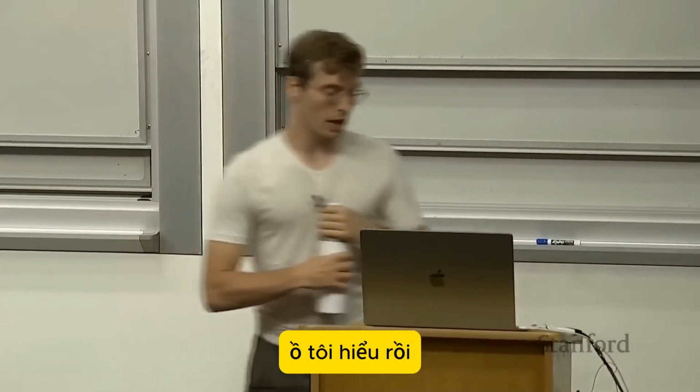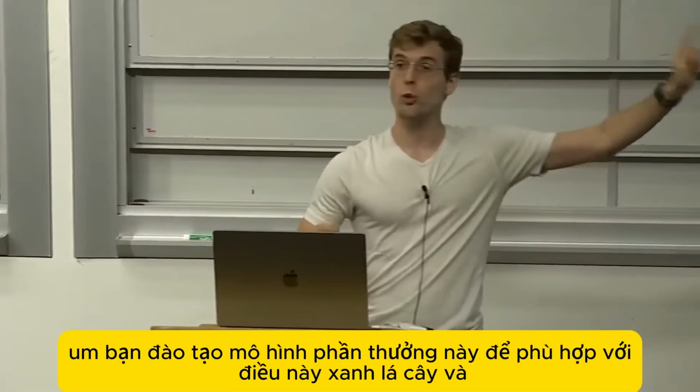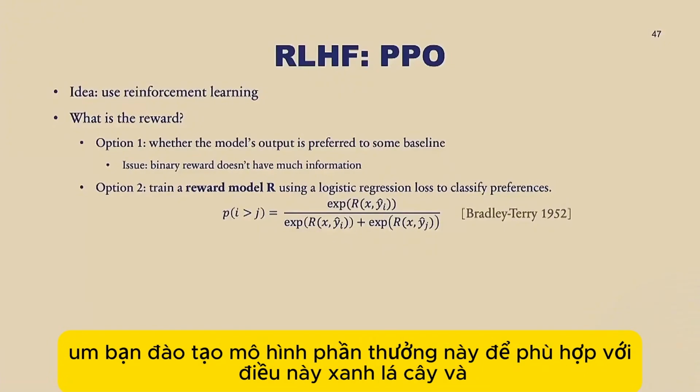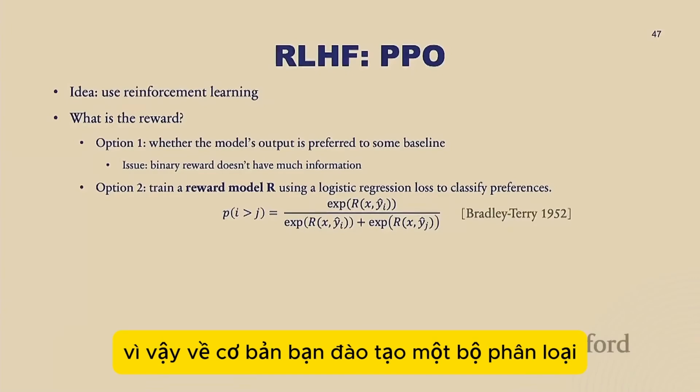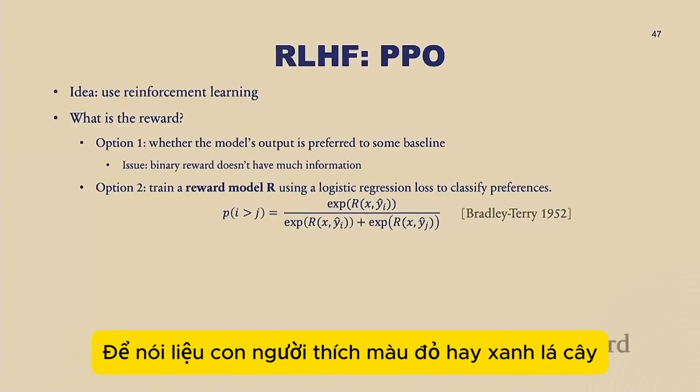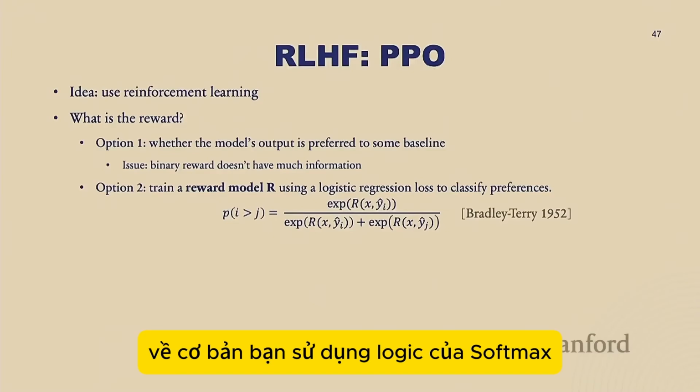Oh, I see. Okay, sorry, maybe I wasn't clear. You train this reward model to fit this green and red preference from humans. So basically, you train a classifier to say whether the humans prefer red or green. But instead of using the binary reward, which is what the human would tell you, you basically use the logits of the softmax.